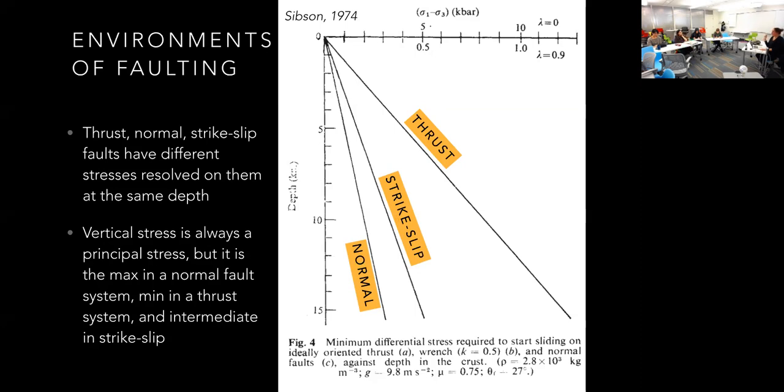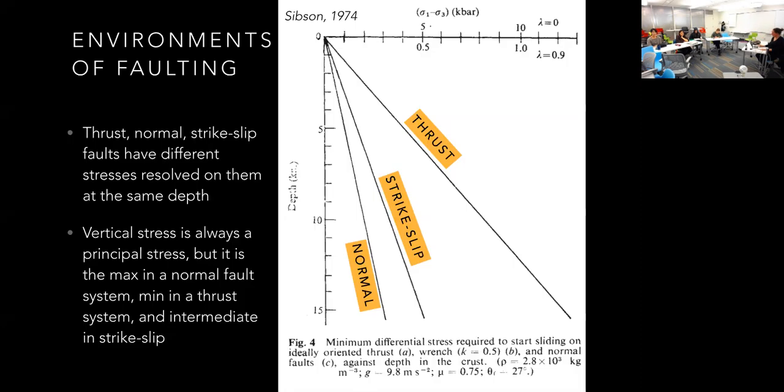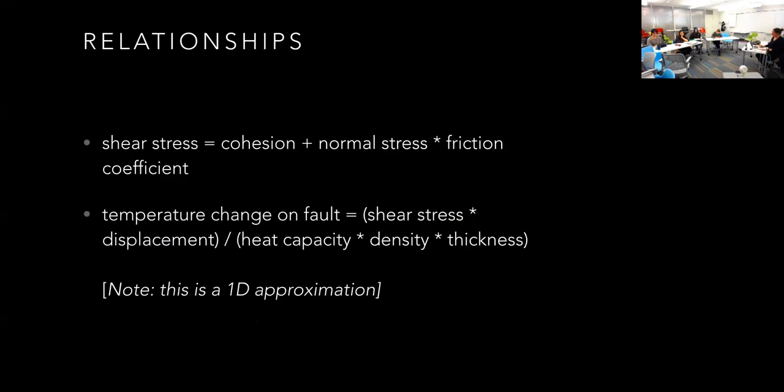And by making a reasonable assumption about the coefficient of friction, you can go ahead and calculate shear stress on the fault. So now, if we go back to the previous slide, everything is constrained except for the displacement in the earthquake, which we cannot observe. But it means that you can solve for that.